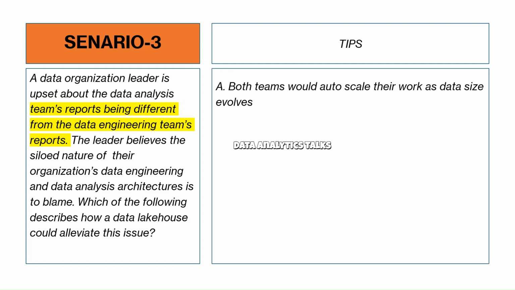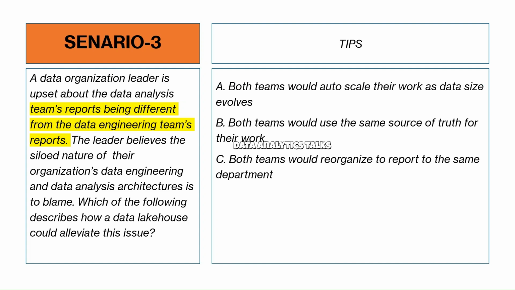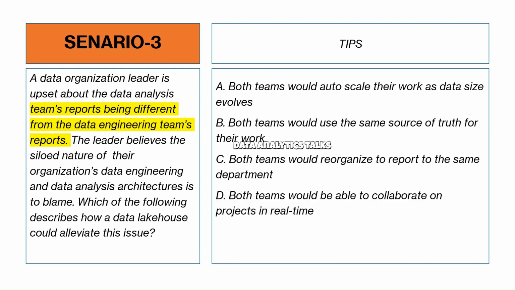The options are: both teams would auto scale their work as data size evolves. I think this is impractical. Both teams would use the same source of truth for their work. Yeah, it's very close. Both teams would reorganize to report to the same department.